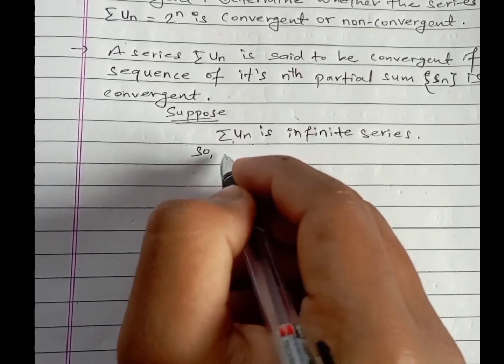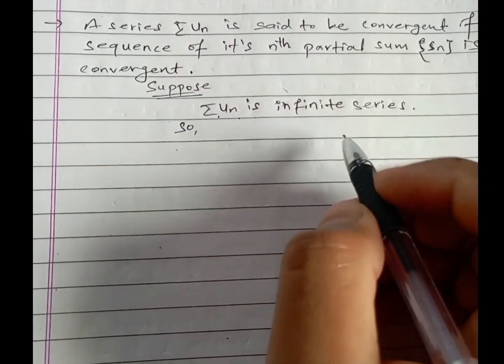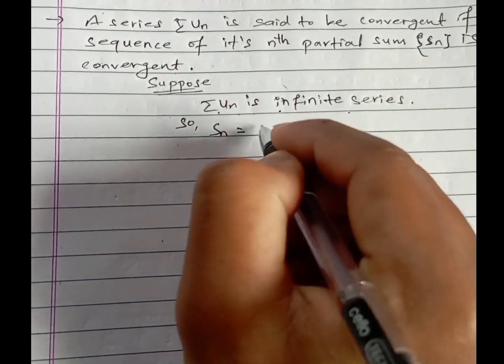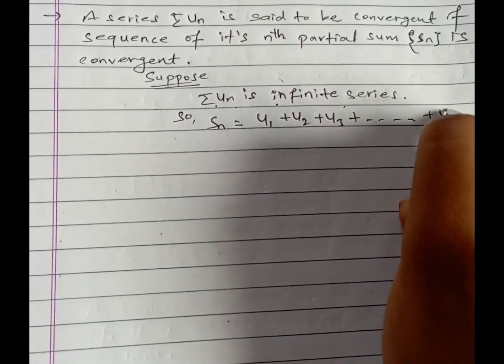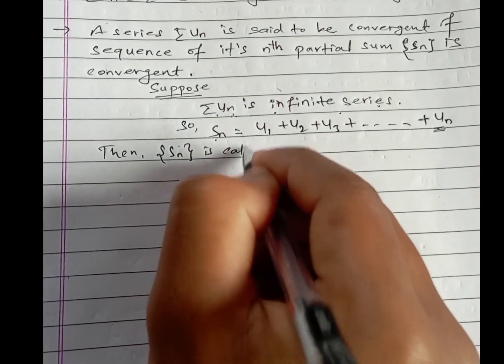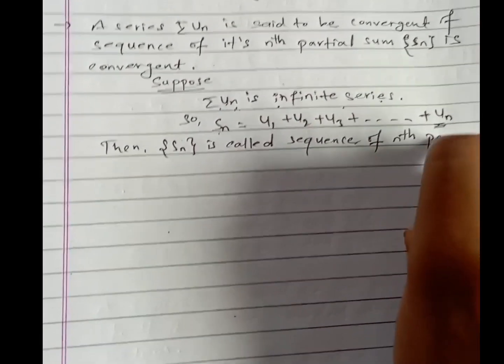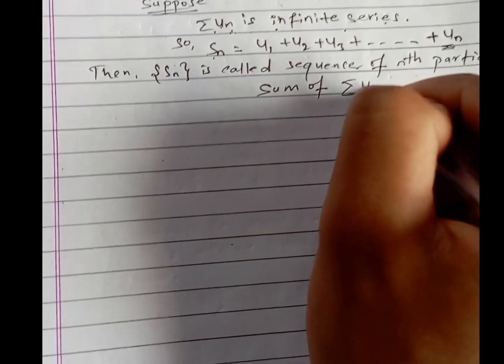So let's take a point n. Let's take the nth point. That could be any point of the infinite series. Means Sn is equal to u1 plus u2 plus up to un. Then Sn is called the sequence of nth partial sums of summation un.